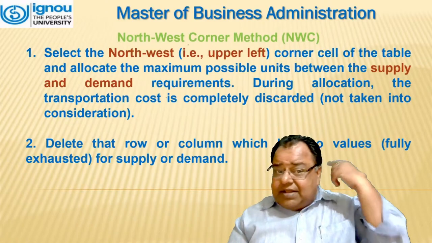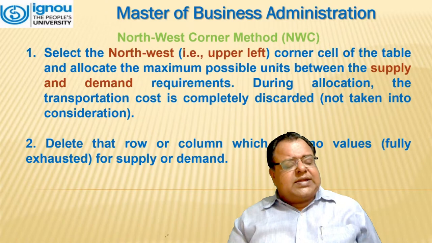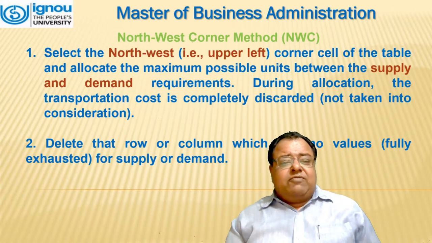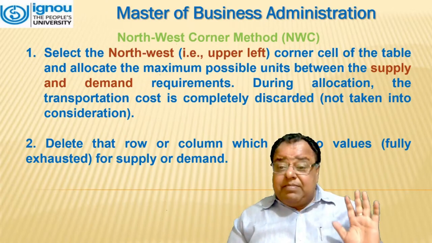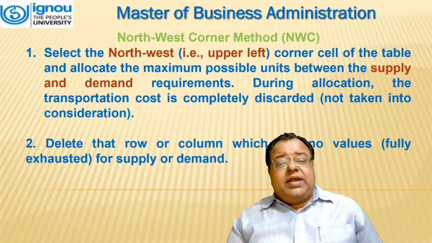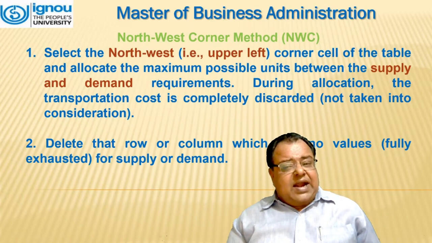So, the first method, as we said, is the northwest corner method. It is the easiest and the simplest method to adopt. Select the northwest, that is the upper left corner, cell of the table and allocate the maximum possible units between the supply and the demand requirements. During allocation, the transportation cost is completely discarded, not taken into consideration.